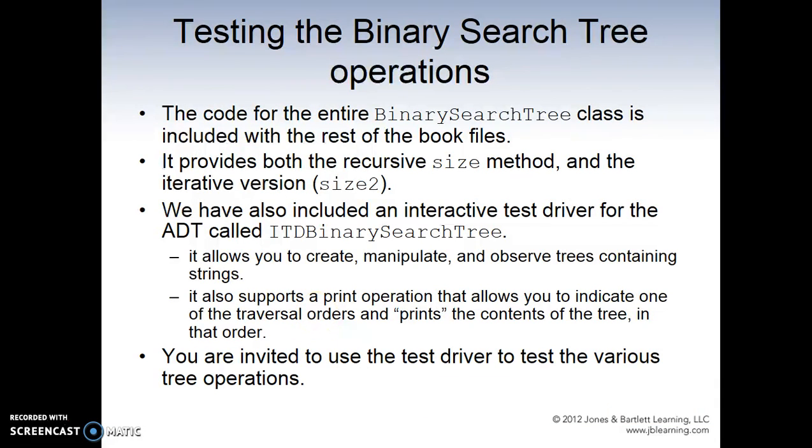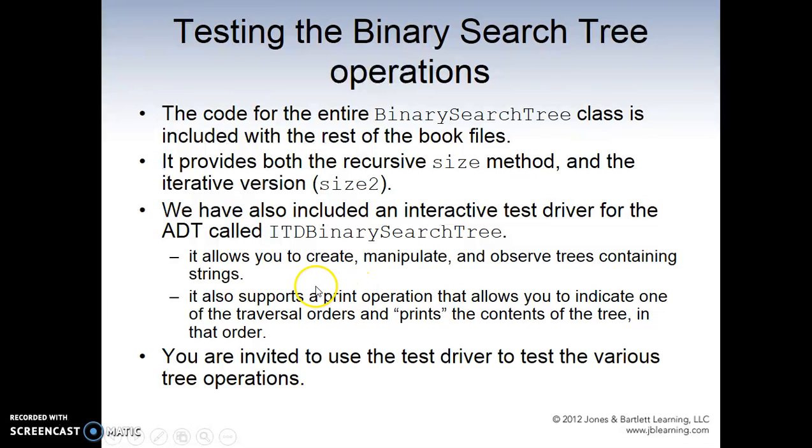Now, testing the BST operations. The code for the entire BST class is included with the rest of the book files. We look at that one. It provides both the recursive size method and the iterative version of the size. We talk about that. We have also included an interactive test driver for the ADT called ITT binary search tree.